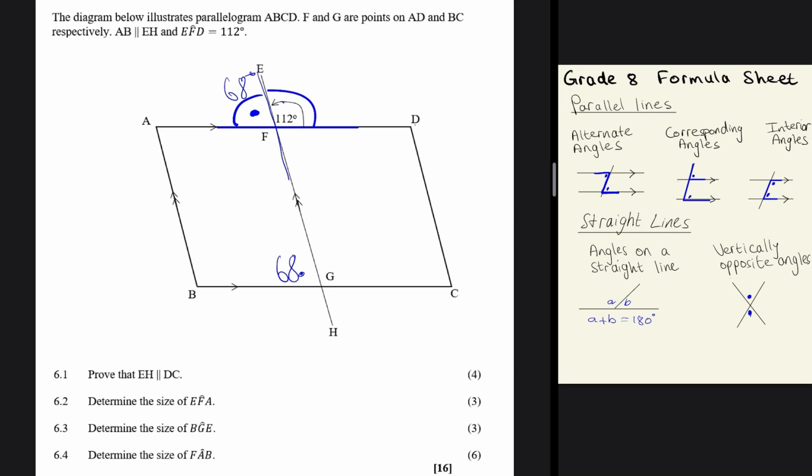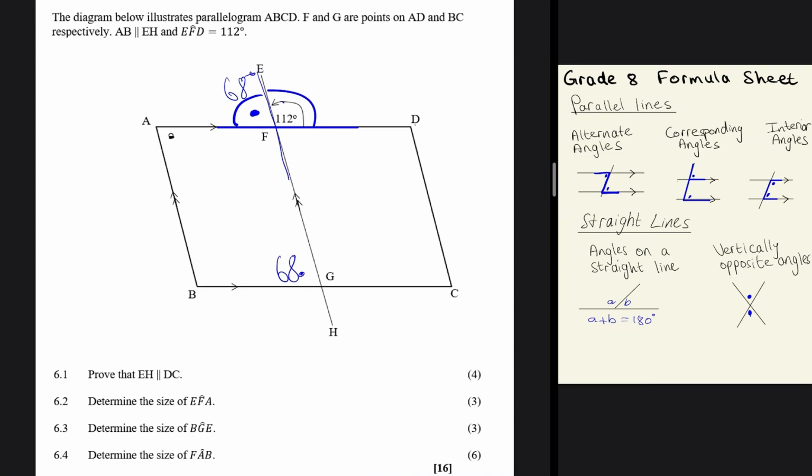Right, let's do the last one. So the last one, determine the size of FAB. Where's FAB? There's F, there's A, and there's B. If we connect it, FAB, then we're dealing with this angle over here. So there's FAB. Now again, let's see what we have.